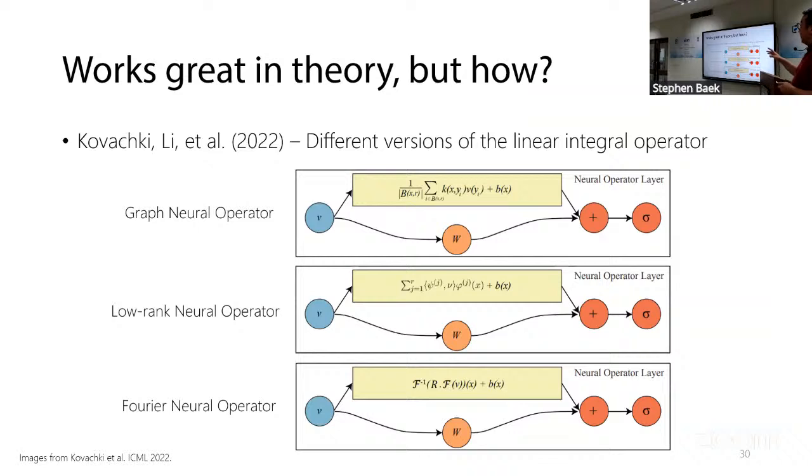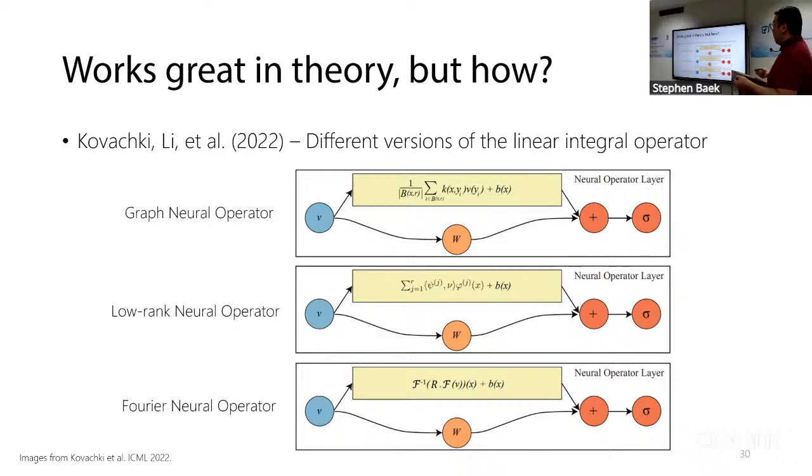So to this end, the authors of the neural operator propose three different methods to facilitate the calculation of the kernel function as well as the calculation of the integral, okay? One of them is called the graph neural operator. And the idea of the graph neural operator is to model or approximate this continuous kernel function kappa using discrete graph structured data.